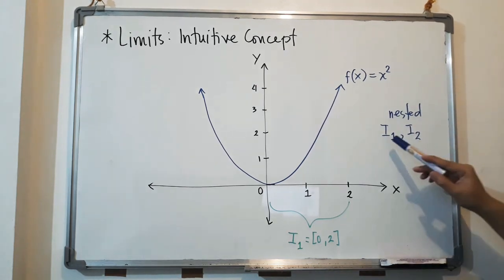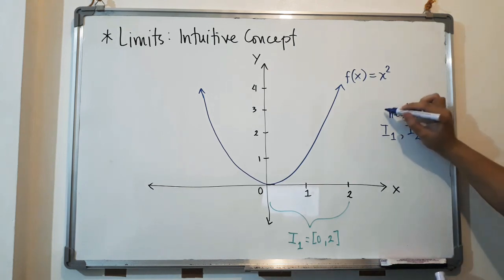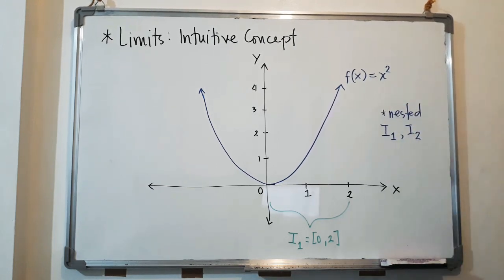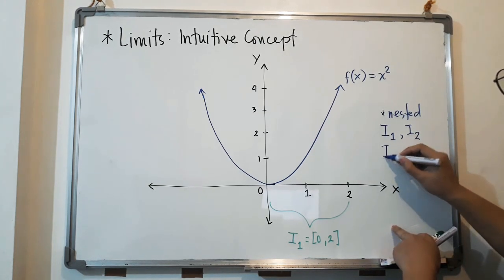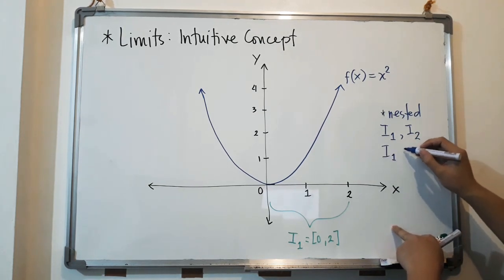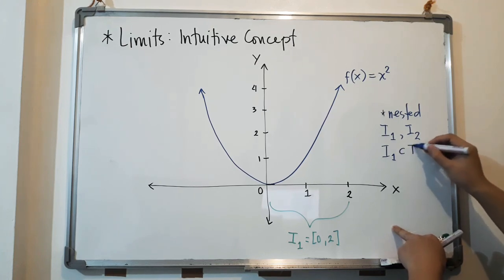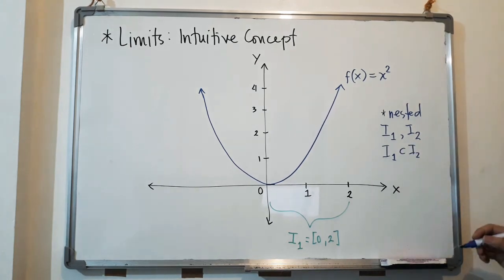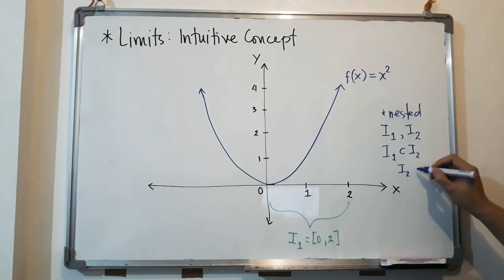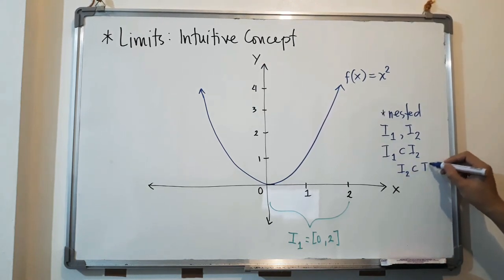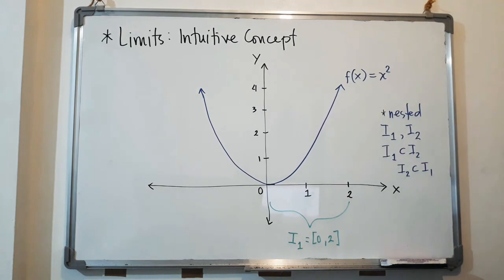These two intervals are said to be nested if one interval is a proper subset of the other interval. In symbol, say I sub 1 is a proper subset of I sub 2, or we can say I sub 2 is a proper subset of I sub 1.